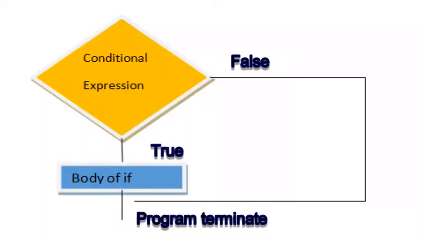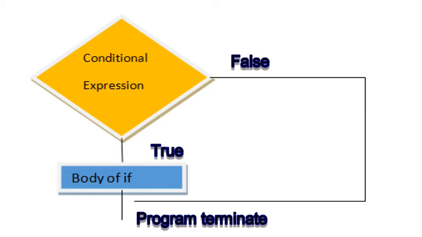Understanding what we mean by an if statement, let's use this flowchart. In a diamond shaped box we have a conditional expression. After that we have a body represented in a rectangle, and then we have arrows, one resulting in the false condition and one in the true condition.